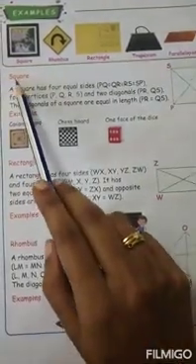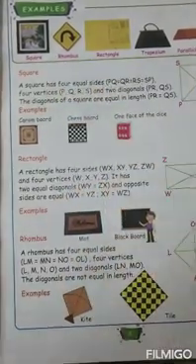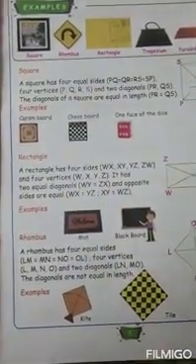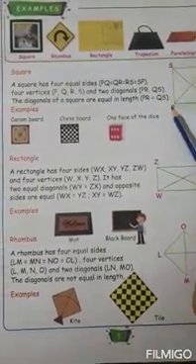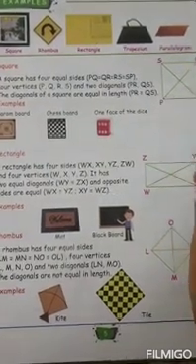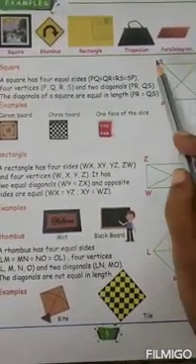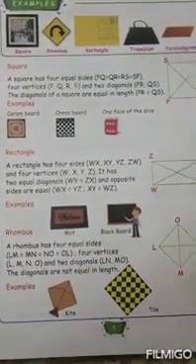You know about the square already. Yes or no? It has four equal sides. PQ will be equal to QR. QR will be equal to RS. RS is equal to SP. And four vertices. It has P, Q, R and S. Okay, so the diagonals of square also equal in length.